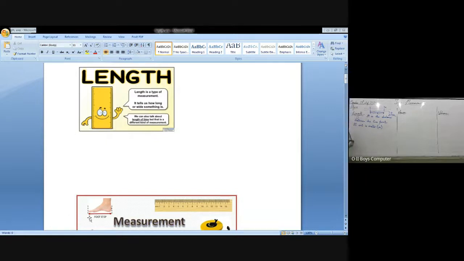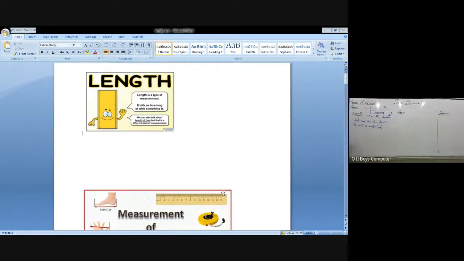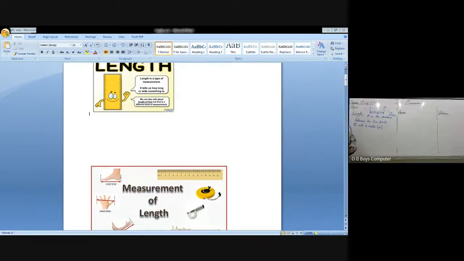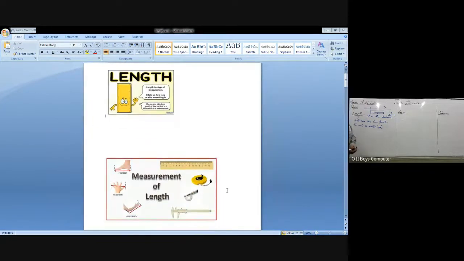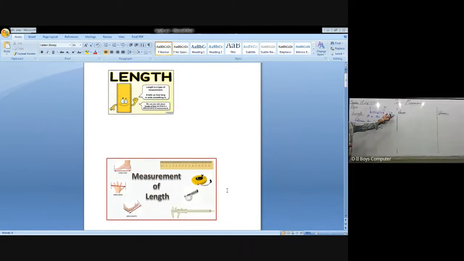And whenever we measure different objects of different lengths, for example, if we have to measure the distance between our home and the school, then the distance will be in kilometers. If we are going to measure the length of a room, then it will be in meters. And if we are going to measure the length of a pencil or a marker or a smaller object, then it will apparently be in centimeters or millimeters.